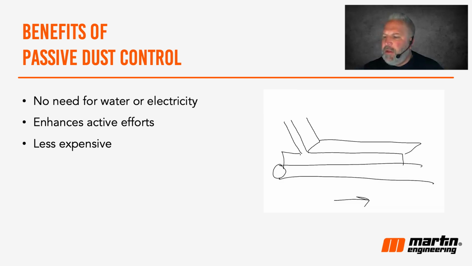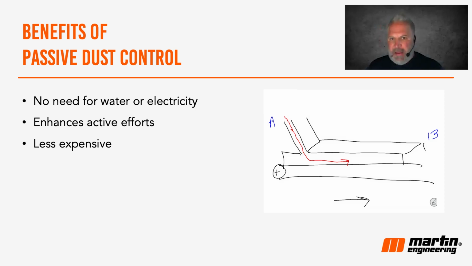So here's my tail pulley. Material, and in this case our material is red, travels through as you see here. And the intent of a passive dust collection is that from point A to point B, no material can escape this enclosure.